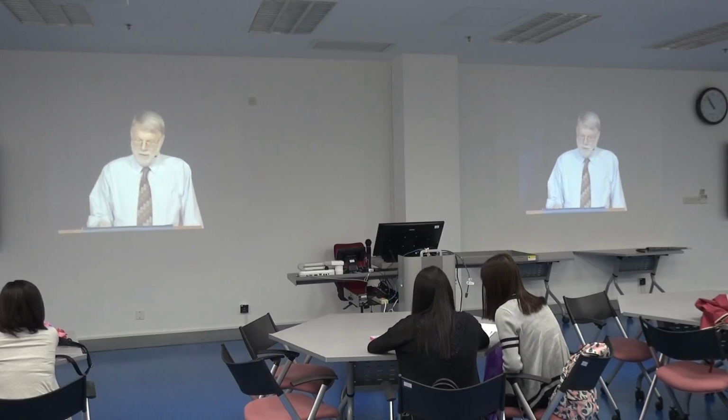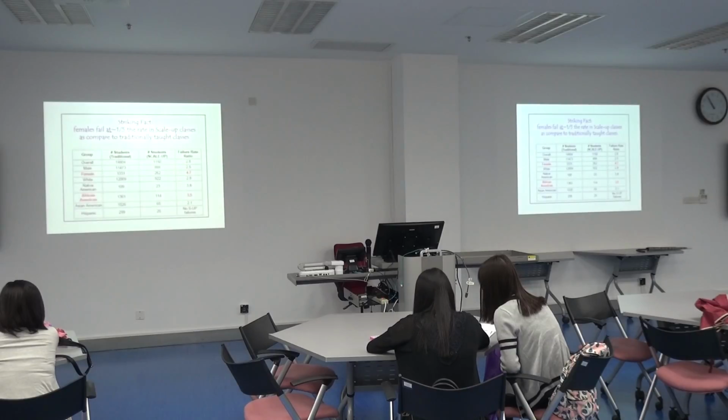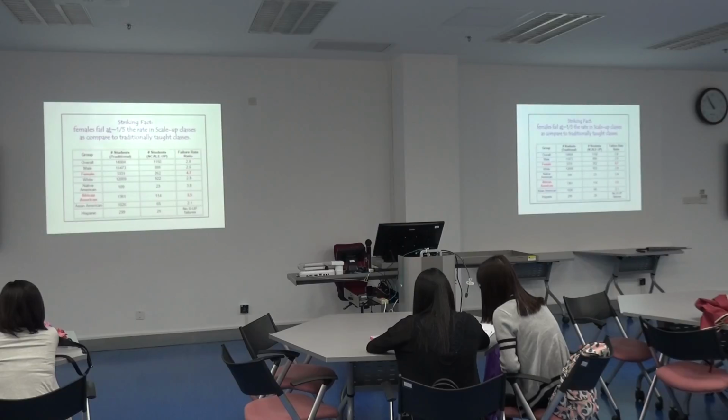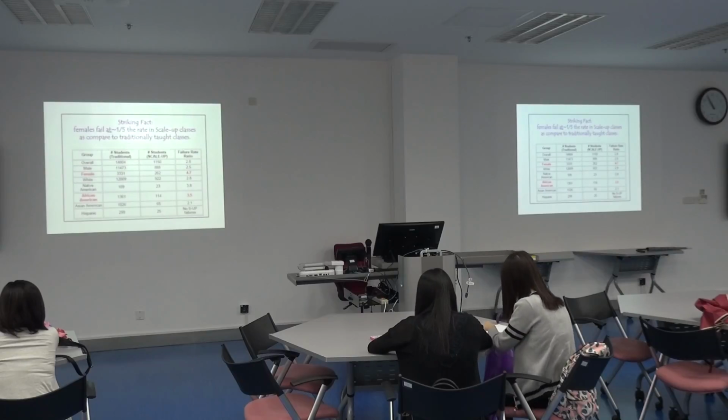Let me show you some of the latest data. They found out that by turning this thing inside out, upside down, they have managed to transform the failure rate. So the rate of failure for women is 1/5, 20% of what it used to be, in terms of the successful completion of this course.